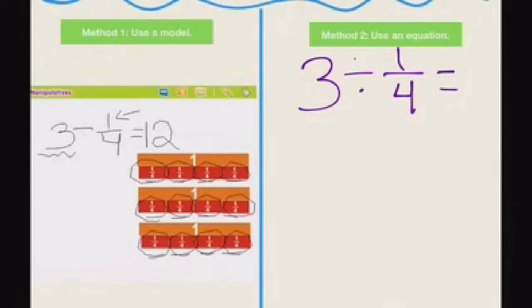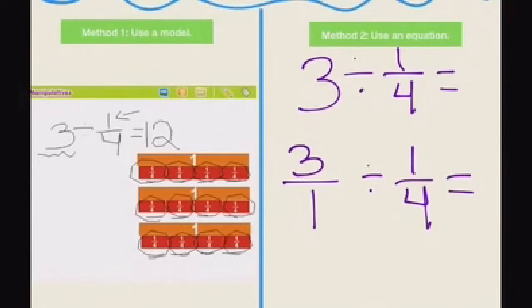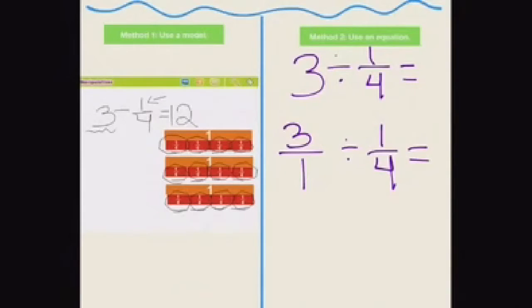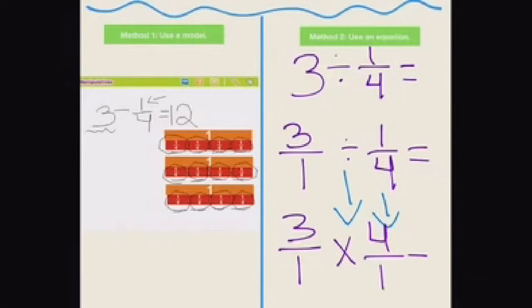Remember, our first step when we have an equation is to write our whole number over 1. So I'm going to rewrite this as 3 over 1 divided by 1/4. Okay? Next step is to multiply our first number times the reciprocal of the second number. So I'm going to change my division sign to multiplication, and my 1/4 becomes the reciprocal, 4 over 1.